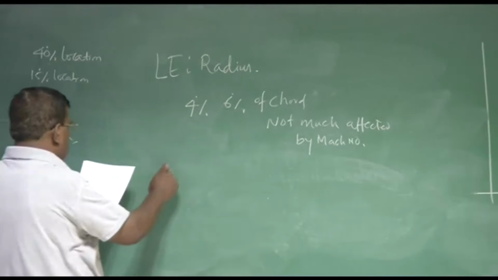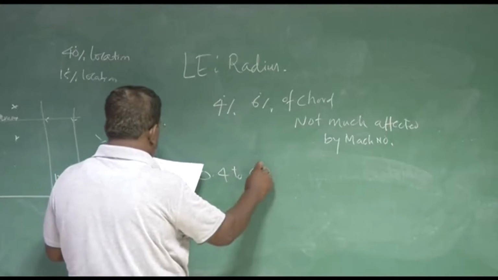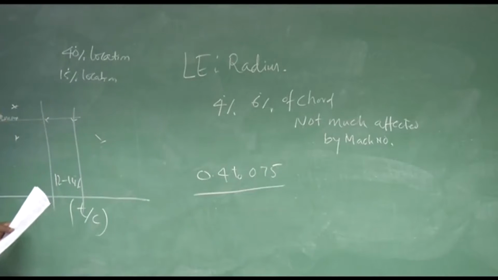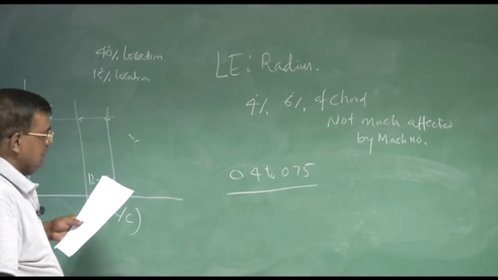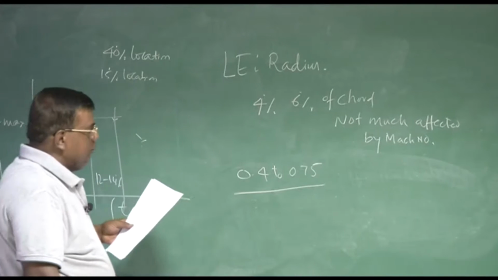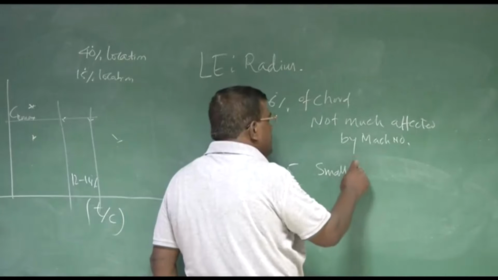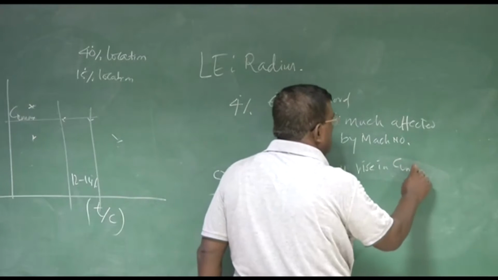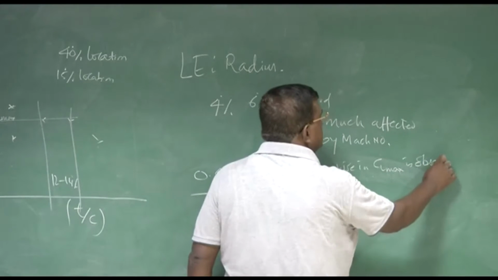If you see from 0.4 to 0.75 Mach, yes, a small rise in CL max is observed, but small.